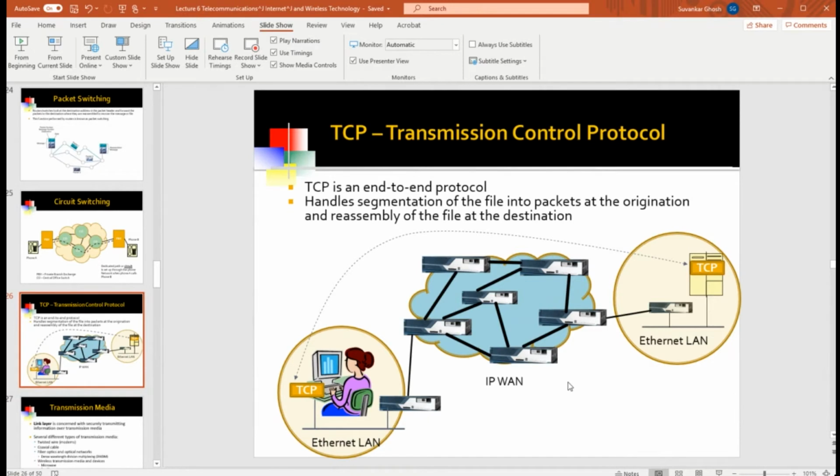The network layer is concerned with switching the packet at intermediate points while the packet is still in transit, still moving through the cloud. So the network layer is not concerned with reassembling the packets and delivering it to the end user. That is going to happen only at the end system, where all the packets are going to be reassembled and the file recovered and delivered to the end user. So that's the job of the transmission control protocol, the TCP protocol.